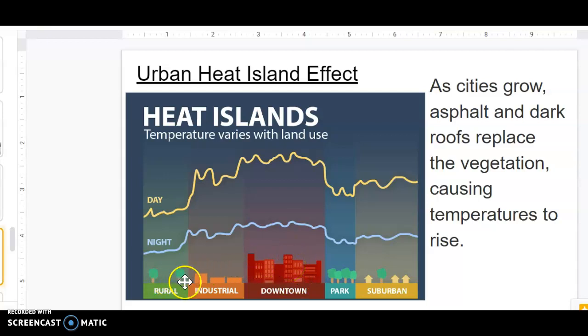The surrounding areas that don't have quite as much, like natural land, plants, vegetation, parks, or rural areas, tend to have a higher albedo. They don't absorb as much energy. But places where we have a lot of development, a lot of pavement, a lot of roofs, that's where energy gets absorbed a lot, and it has a very low albedo. The temperatures actually increase around these areas.